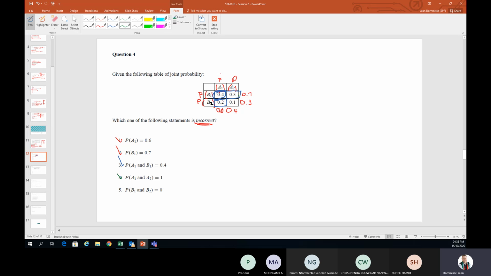What's the probability of A1 and A2? What do you guys say? We are still only a few, so what's the probability of A1 and A2? Any guesses?